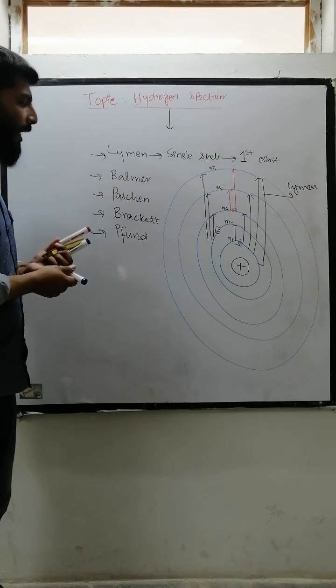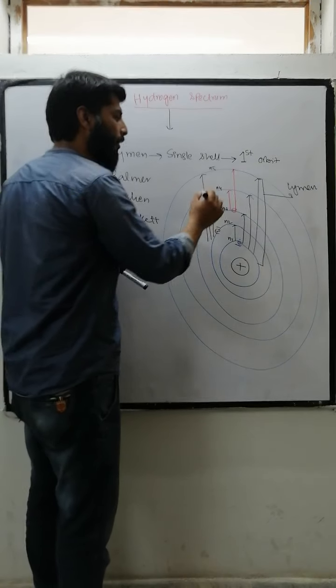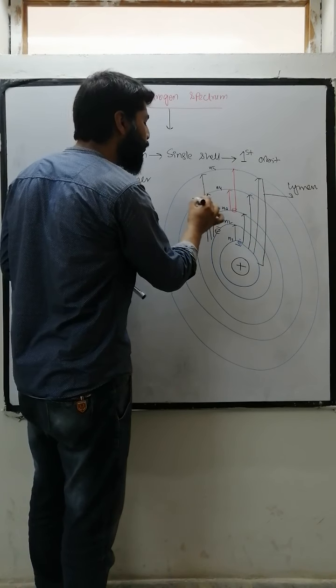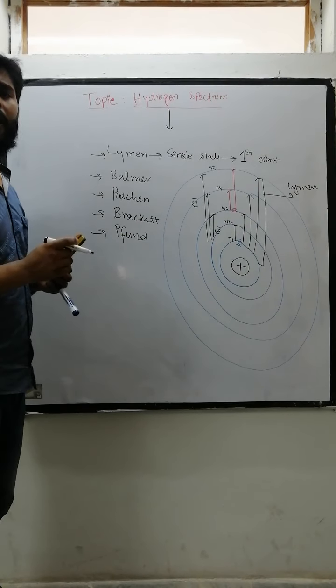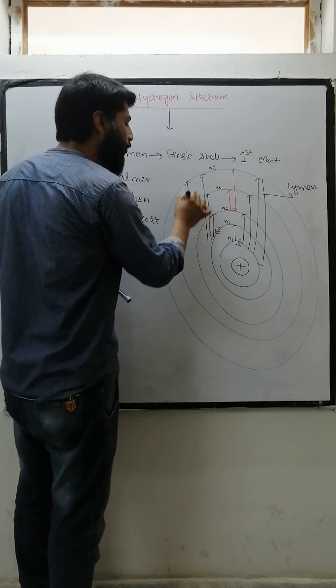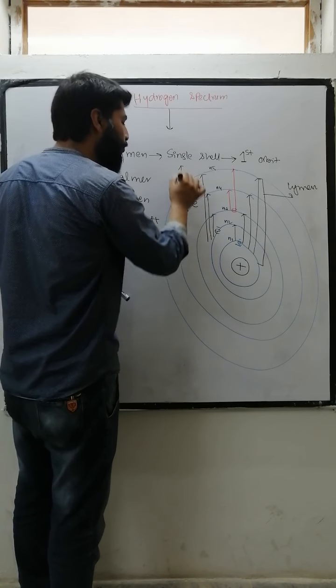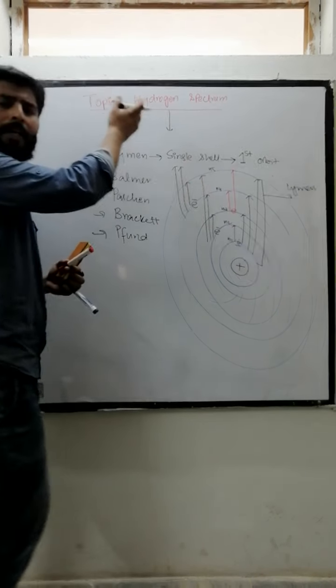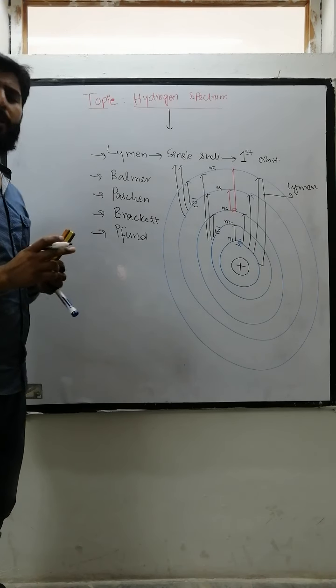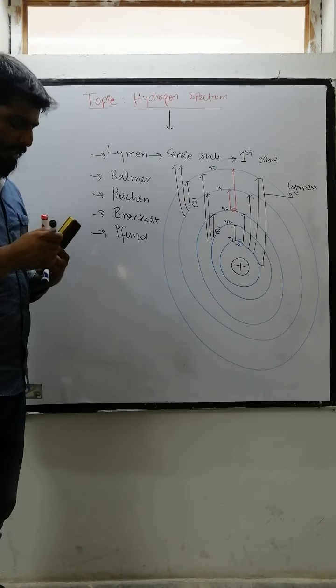Similarly, Brackett said that electron in hydrogen atom is revolving around the nucleus in fourth energy level, and it will jump from N4 to N5, N4 to N6, N4 to N7, and N4 to infinity. That was the concept of Brackett.